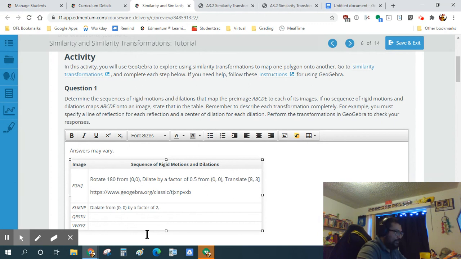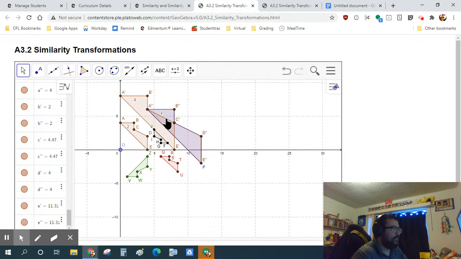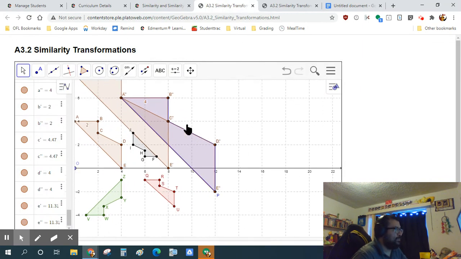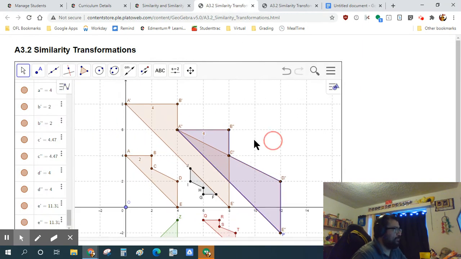If you guys are having trouble understanding the words I'm using, let me know. And then what I did now is I translated it. So I moved it. I'm going to move this from here to here. Let me zoom in a little bit to see the numbers.